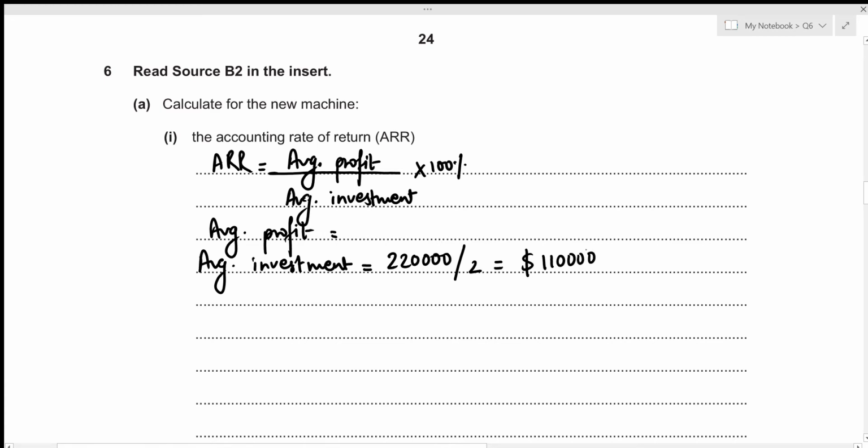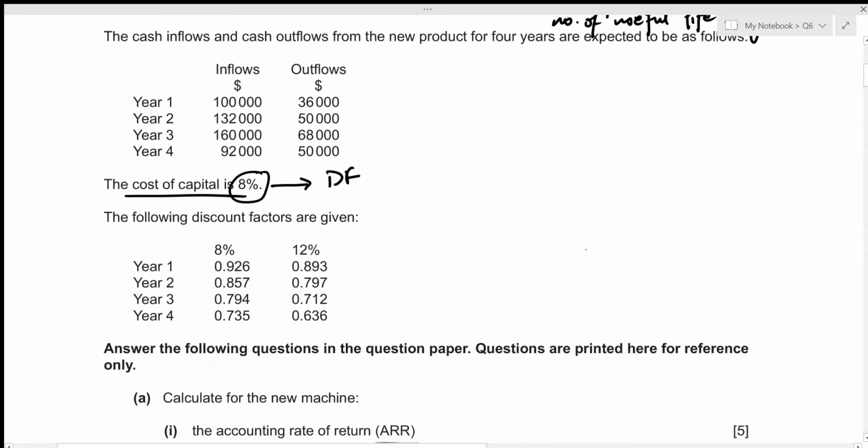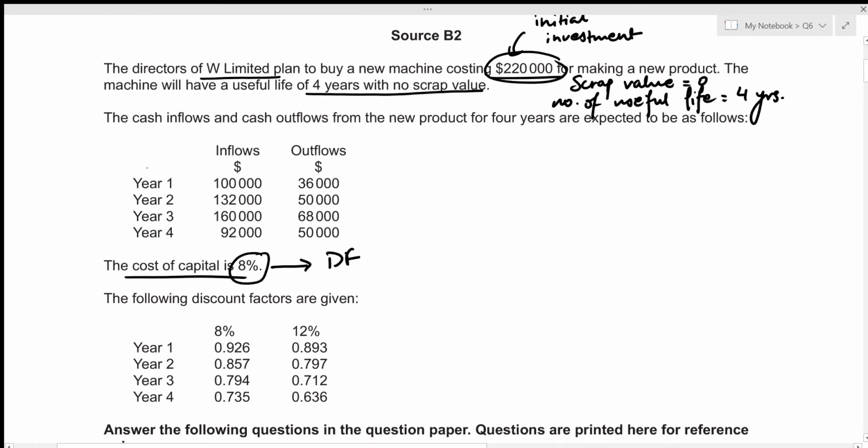Now, in order to figure out the average profit, we first need to figure out our profit for the year 1, 2, 3, and 4. We are already given the cash inflows and cash outflows, but since we're figuring out the profit, we also need to adjust our non-cash expense, which is that of depreciation. So let's figure out the depreciation of machinery for each year.